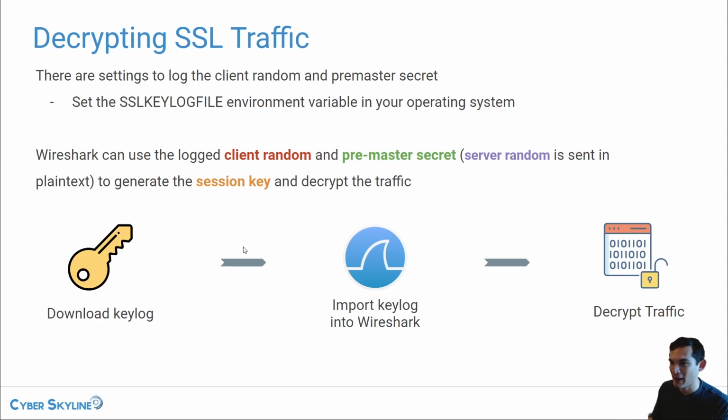And so having the pairing of the client randoms to the pre-master secret is going to help Wireshark know which pre-master secret to use. And of course, again, the server random was sent in plain text, so that doesn't need to be included in that file. Wireshark can figure it out.